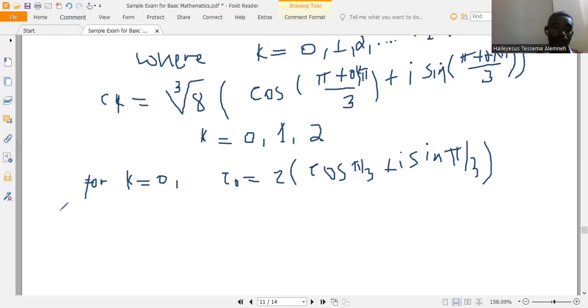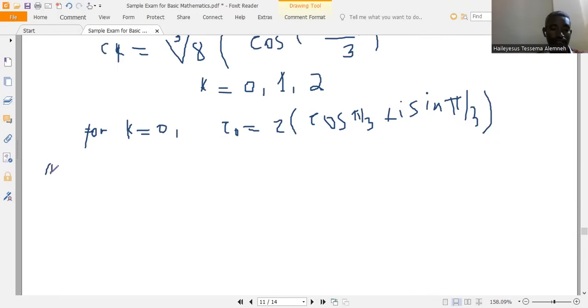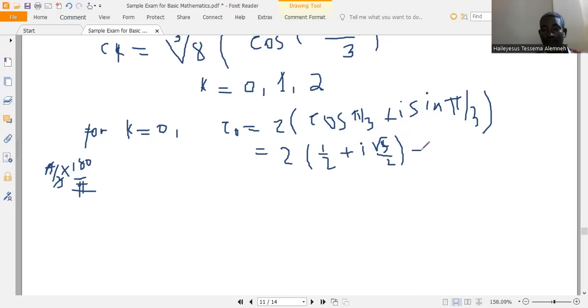What's pi over 3? To change into degrees, multiply by 180 degrees over pi, so pi over 3 is 60 degrees. So it is 2 times cos 60 degrees, which is 1 over 2, plus i sine 60 degrees, which is radical 3 over 2.